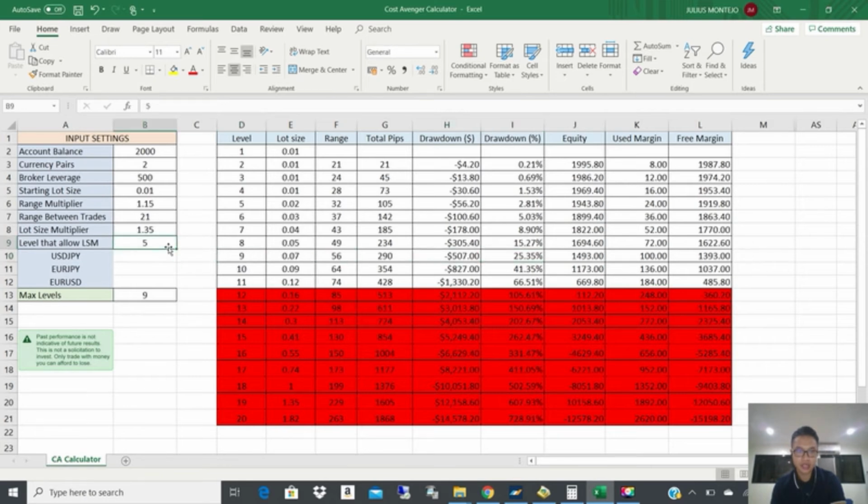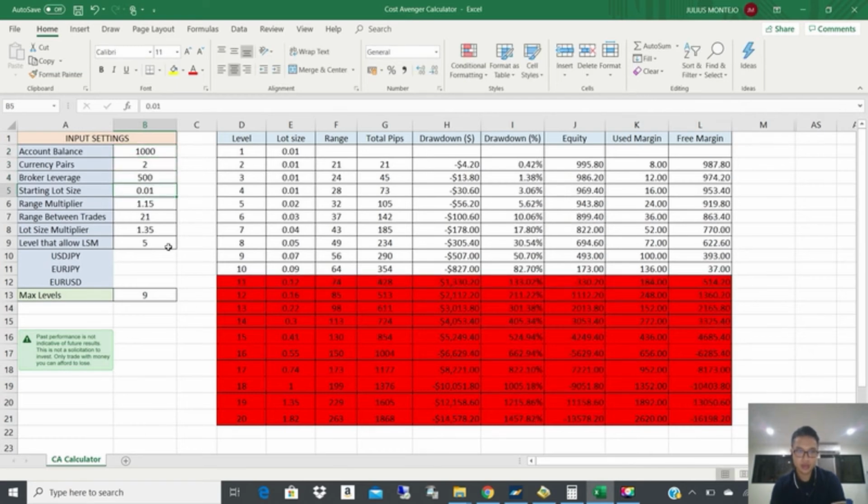So let's say if you trade two pairs for a 1k USD account, and you set your level that allow LSM at 5, so 21 level range at 7%, you're already at 17% drawdown. I mean, at level 7, you're already at 17% drawdown.